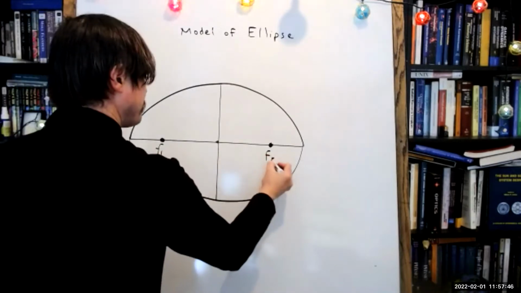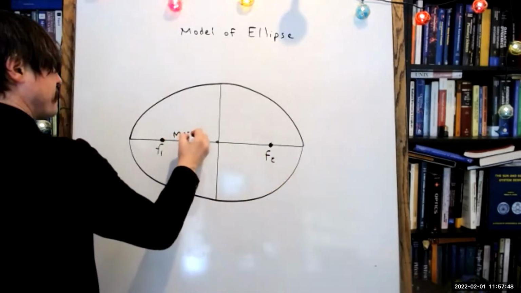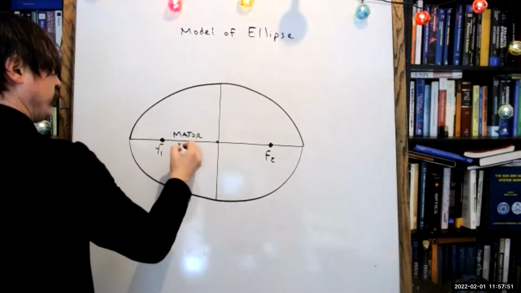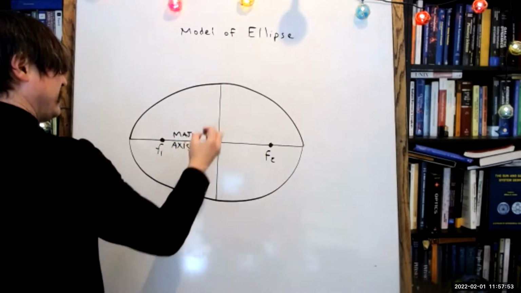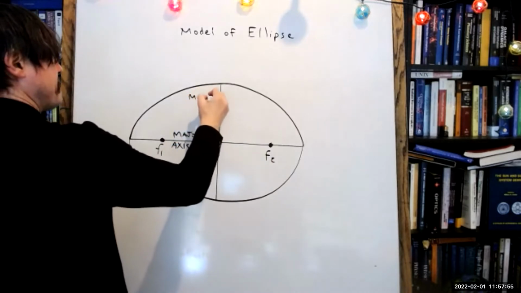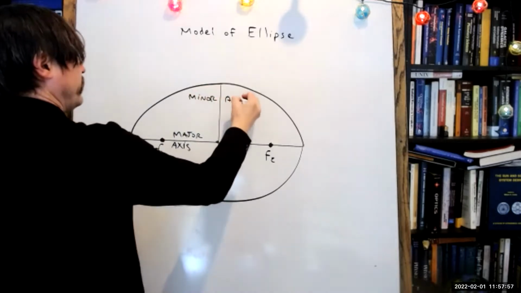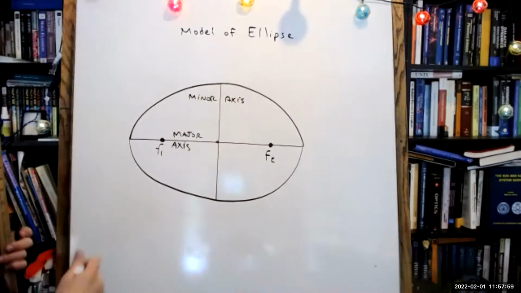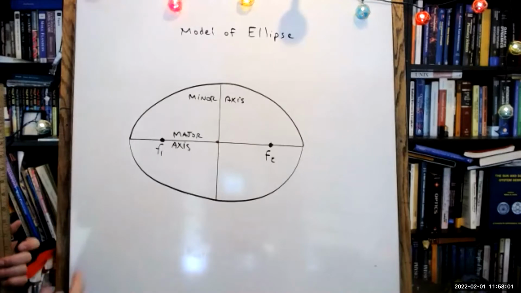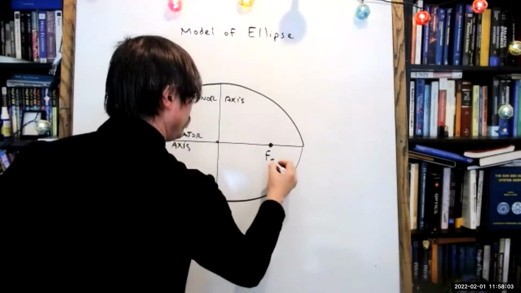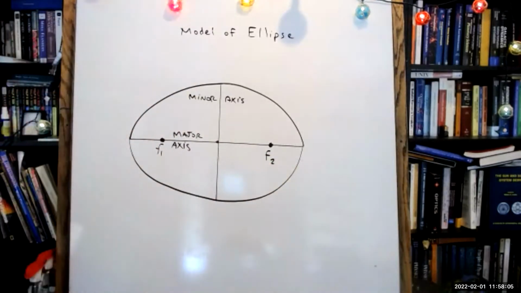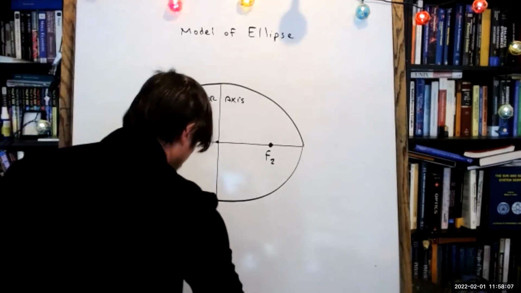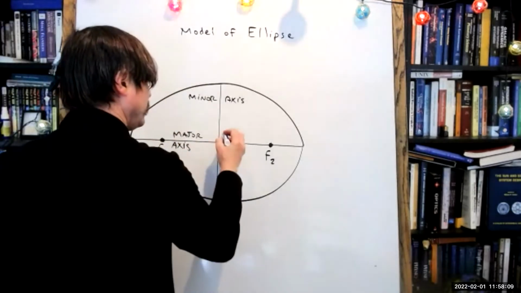F1, F2, major axis, minor axis, focus points. The two parameters that are extremely important are this distance here.